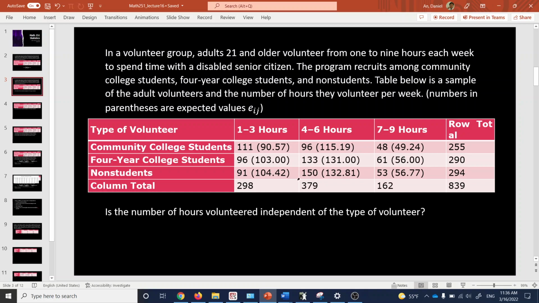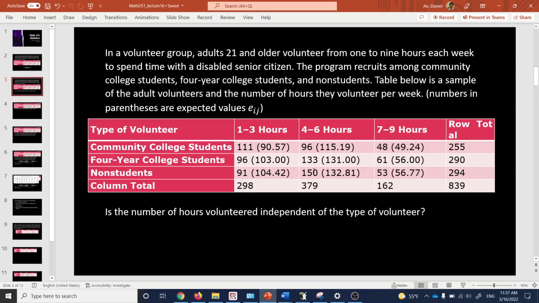You see that this number is a lot bigger than the other two, whereas the other numbers seem comparable. So maybe students who are not in college have more time to devote to volunteering, so maybe that's what's happening, right?